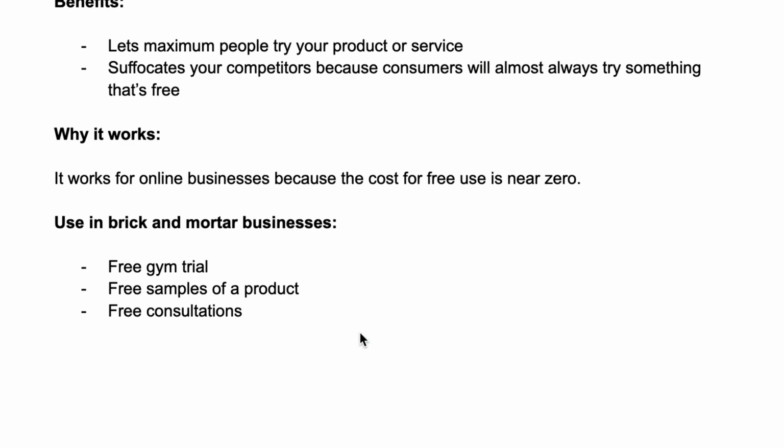So because the freemium business model is so successful online, we can think about how this model is used in brick and mortar businesses, because if you have a brick and mortar business and you can apply the freemium principles, or at least some of the elements, maybe that can help to unlock so many of the freemium benefits. So let's say you have a gym. Many gyms offer a free trial, or a friend has a guest pass that they can bring a friend.